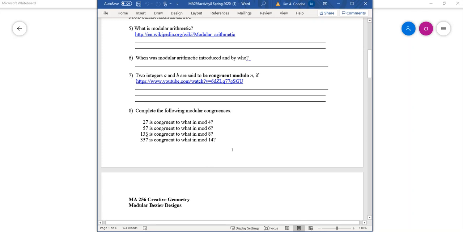And I'm just going to do one more. 133 is congruent to what in mod 8? Right, 133 is congruent to what in mod 8?